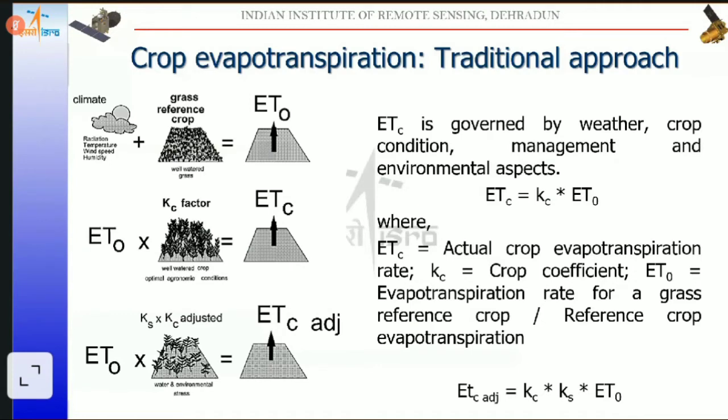Now the next is the traditional approach, called the crop coefficient approach, for estimating crop evapotranspiration. Crop evapotranspiration is simply the result of multiplying the crop coefficient with the reference evapotranspiration. These are the two specific terms: the crop coefficient and the reference evapotranspiration.